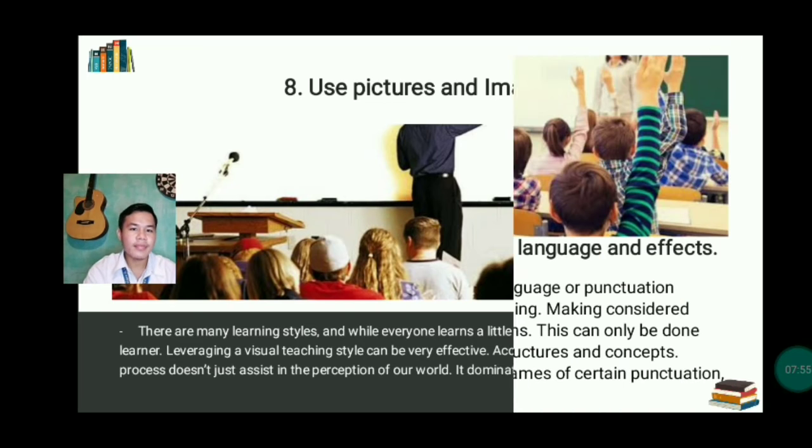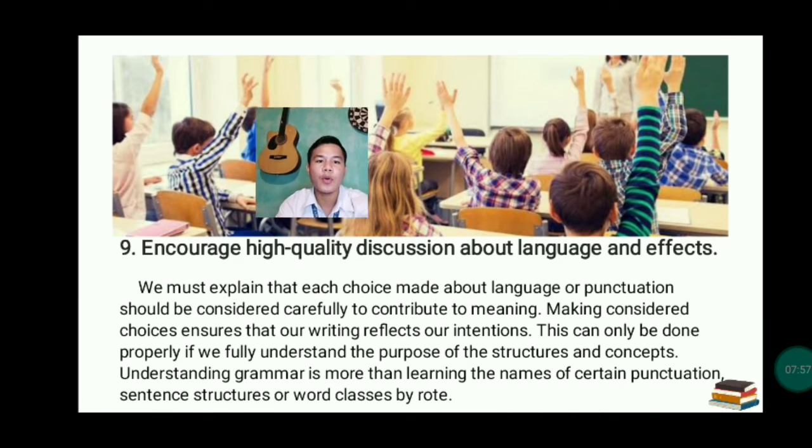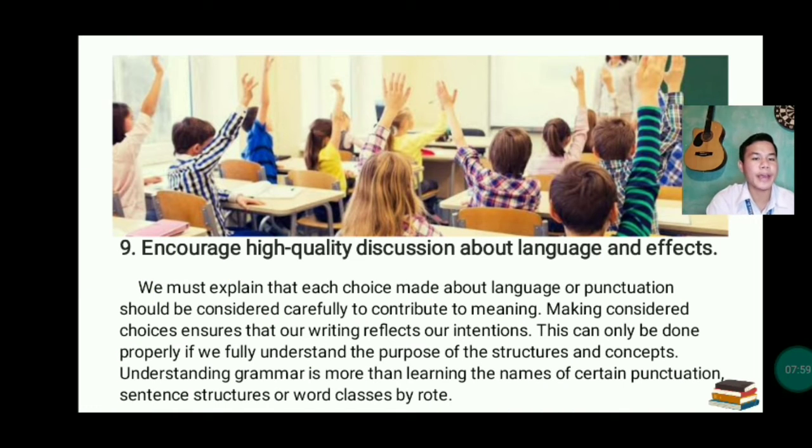Yes. So number 9 is we have to encourage high quality discussion about language and its effects. We must explain each choice made about language and punctuation. It should be considered carefully to contribute to the meaning. Making considered choices ensures that our writing reflects our intention.